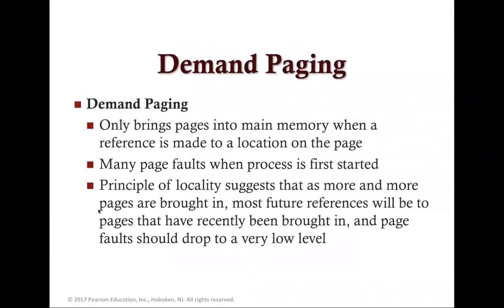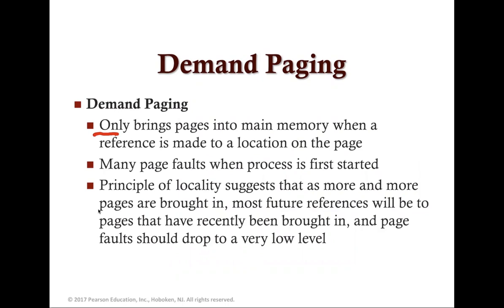With demand paging, a page is brought into the main memory only when a reference is made to a location on that page. If the other elements of memory management policy are good, the following actually should happen.